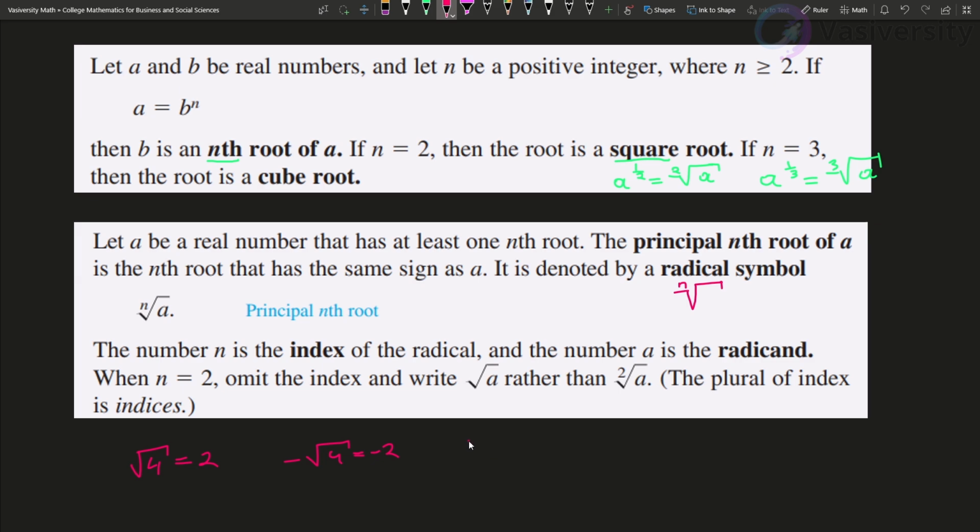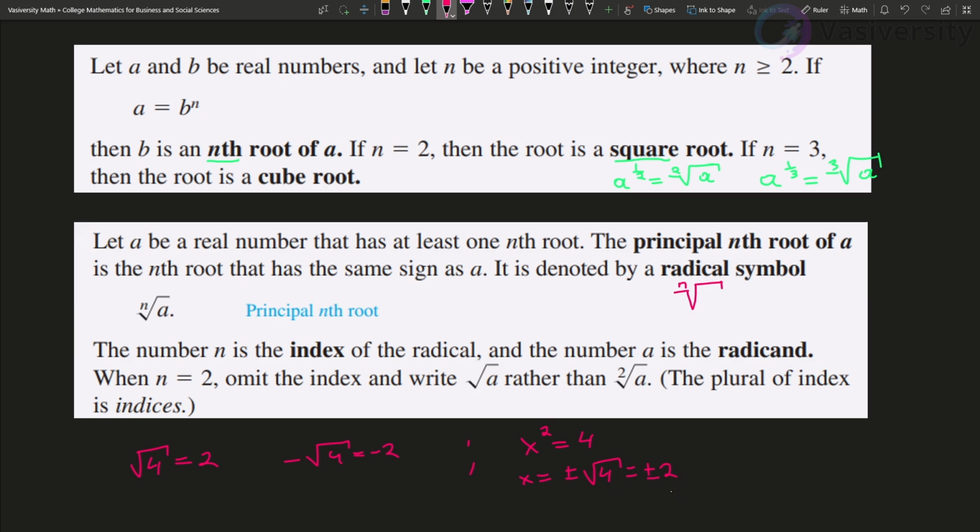But in equations, let's say we have an unknown variable x squared equal to 4. If we say that x is equal to square root of 4, it's not quite right, because it only gives us positive 2. But we know that there might be another solution. So we're going to say plus or minus square root of 4, which will give us plus or minus 2.